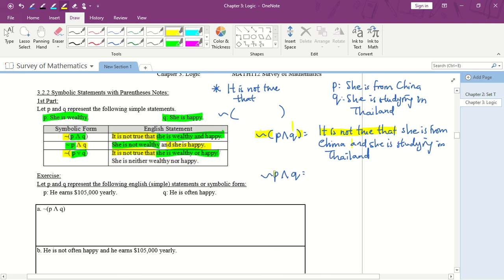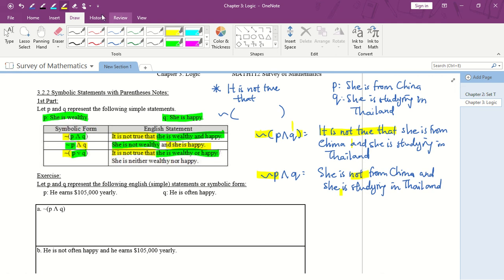However, if it is negative P, it means that this negation is only for P. So when you write it, it will be she is not from China and she is studying in Thailand. Okay, and this not is only for China here. It's not for the next one. She is studying in Thailand.